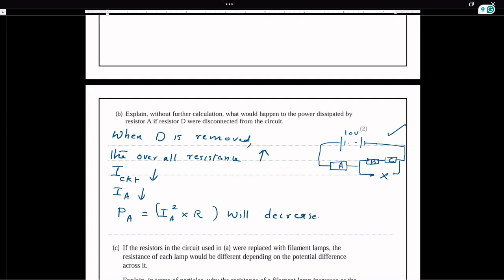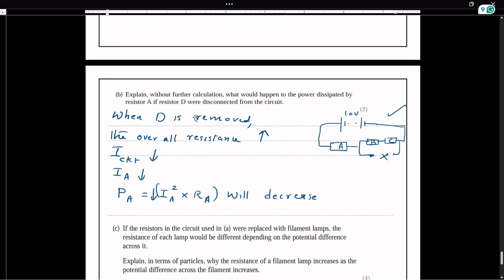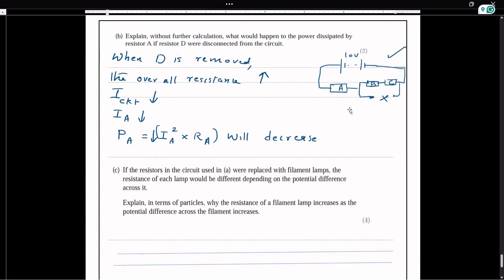We are not calculating, but we know as I decreases, the power across resistor RA will also decrease. This is the question they are asking: the power dissipated by resistor A if D is removed. D is removed means total resistance increases, circuit current decreases, so power dissipated decreases.